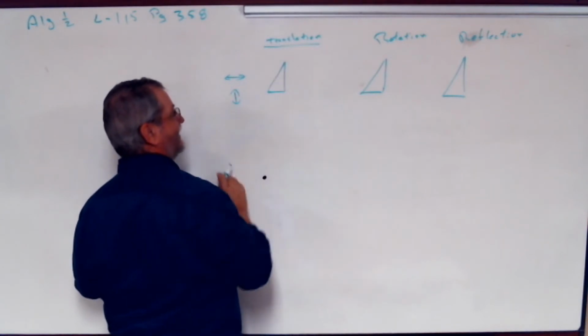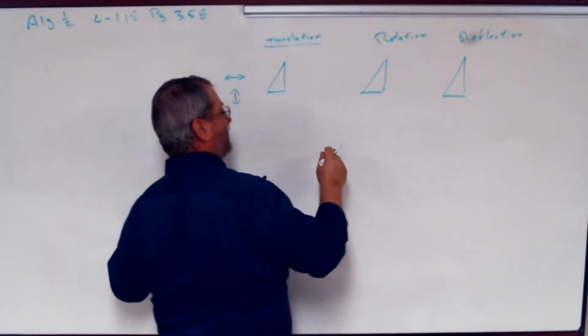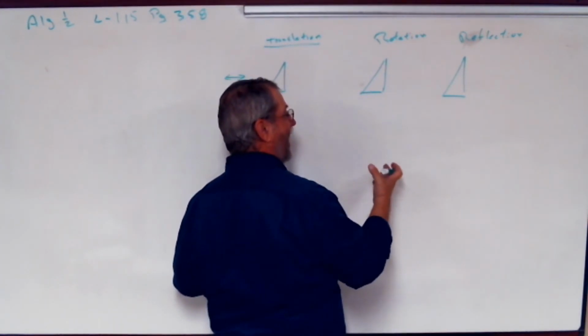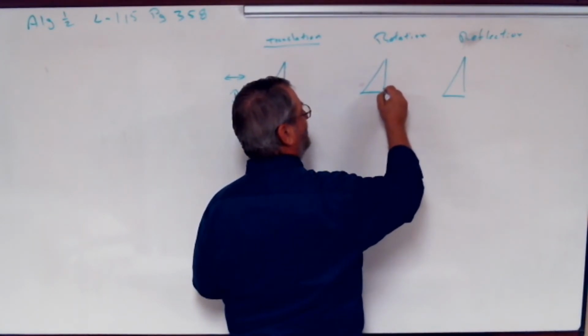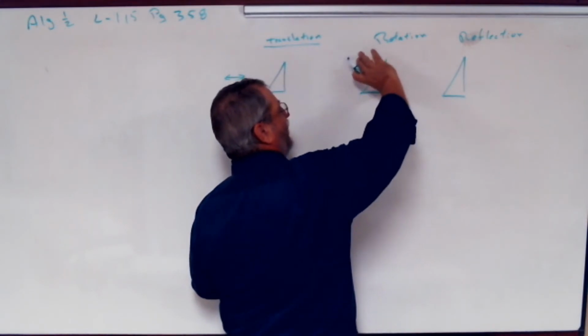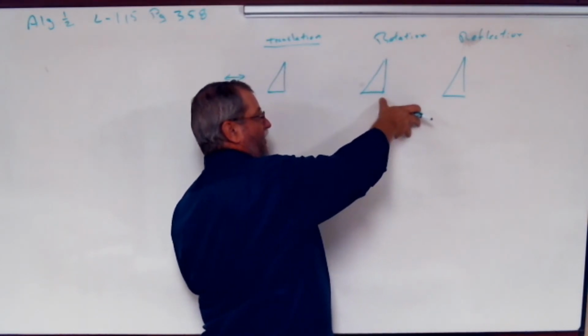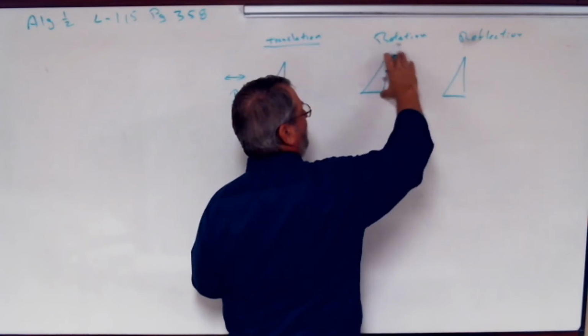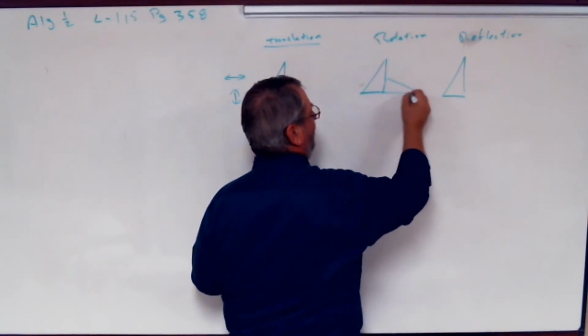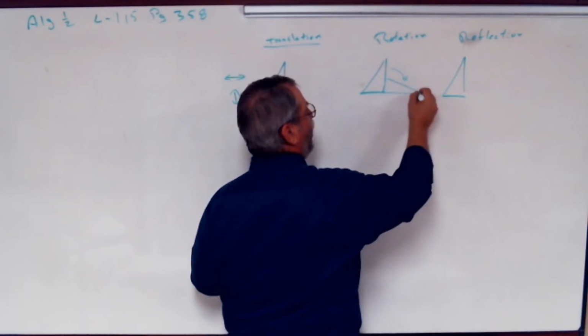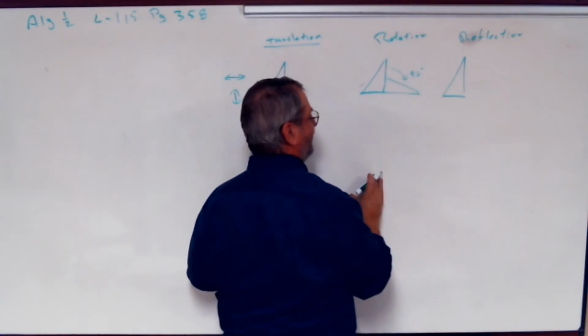That's translation. Rotation is when you spin it around a point. It would be like if we nailed this to the board right there, and we just move it around. Okay? If we moved it 90 degrees, this would be right here, and it would look like this. We'd rotate it, and that's actually 90 degrees.